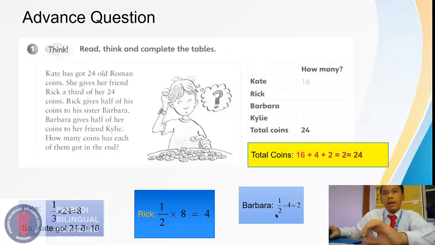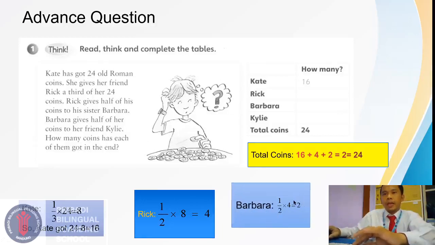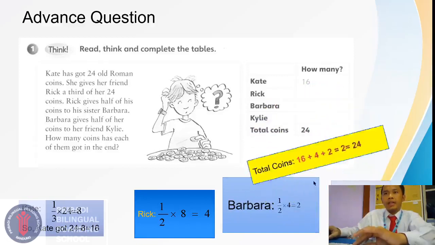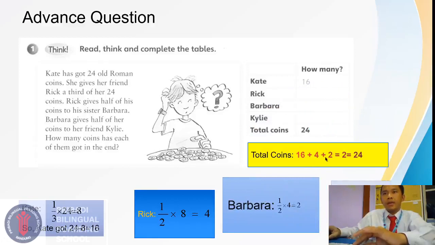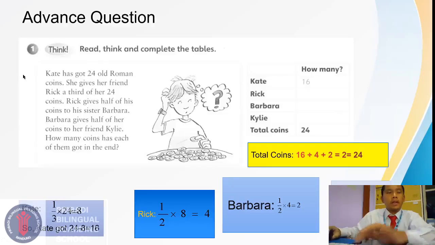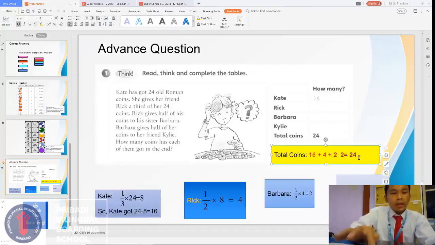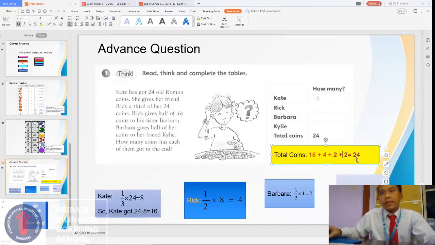Barbara has 4 coins initially, but she gives Kelly half, so it becomes 2. And the rest is Kelly's. Kelly got 2. The total is 16 plus 4 plus 2, it's supposed to be plus, sorry, which is 24. So the total coins is 24.